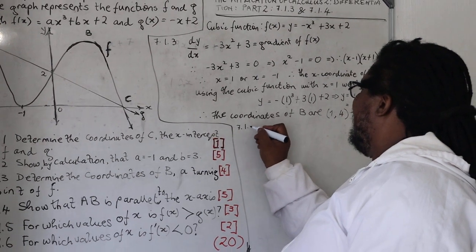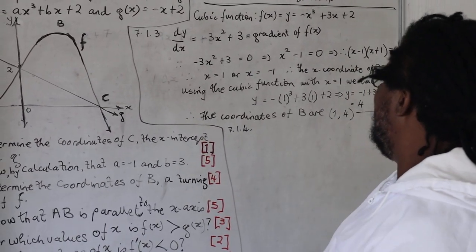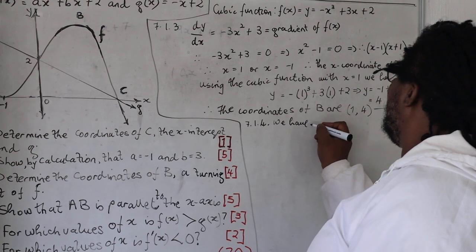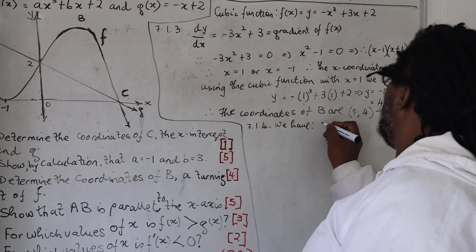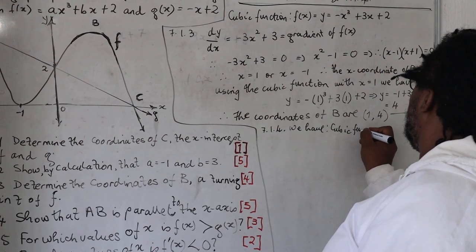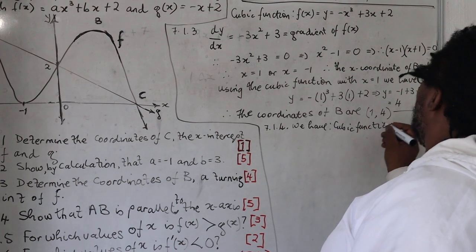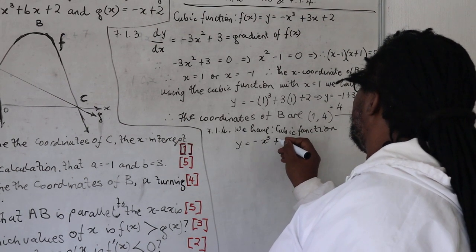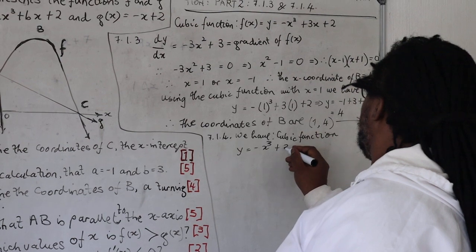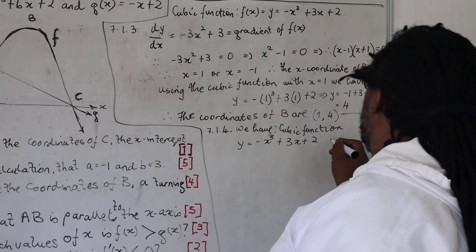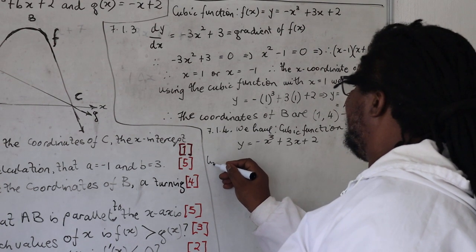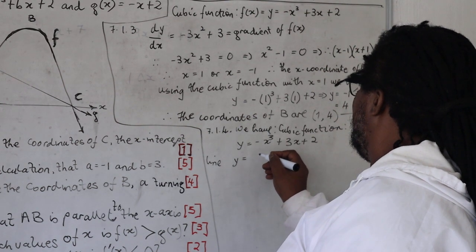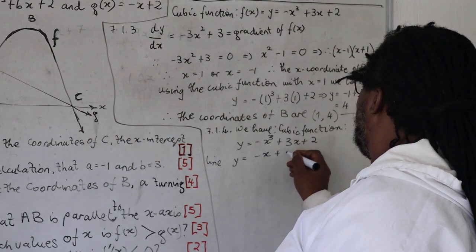So 7.1.4, we have the cubic function y is equal to minus x cubed plus 3x plus 2, and our line y is equal to minus x plus 2.